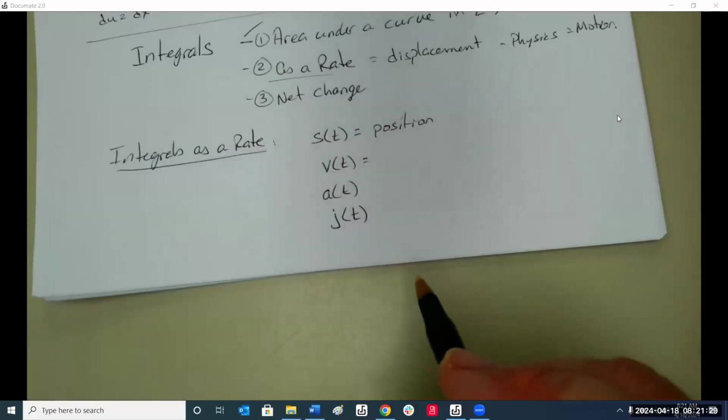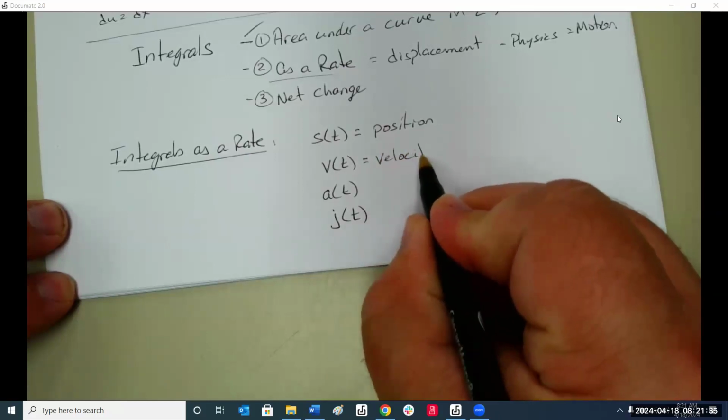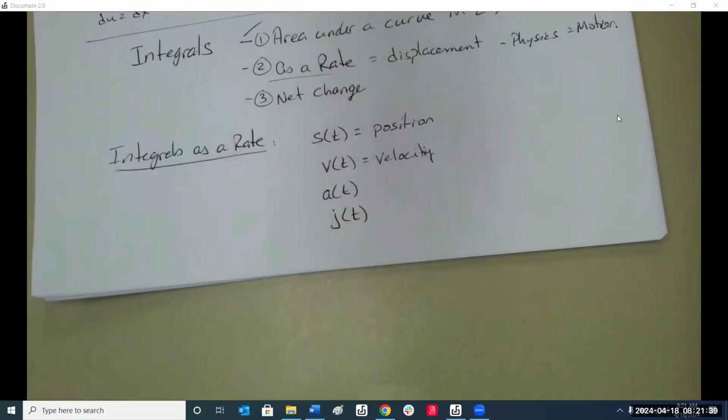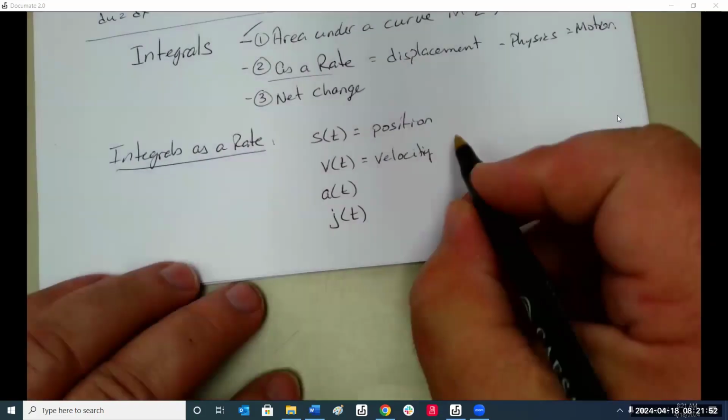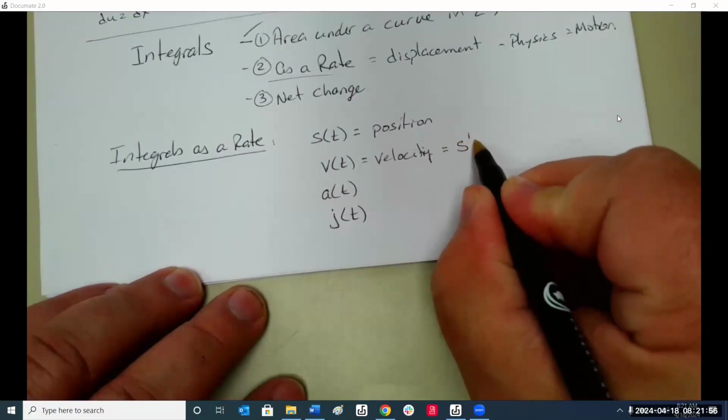What is v? It's velocity. How does that relate to position? This is the change of your position.